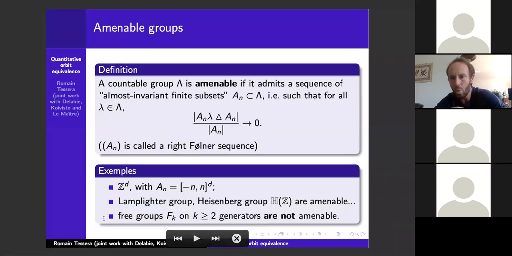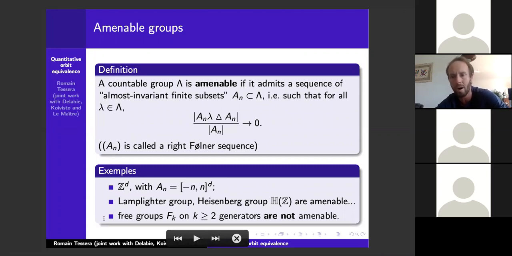So in order to go one step further, what we want to do now, because we know that all the actions of Z are the same, we may ask whether an action of Z2 and an action of Z could be the same, okay? So there is a class of groups which is very important, and the notion of amenability does not only appear in group theory, actually. It appears in many, many fields.